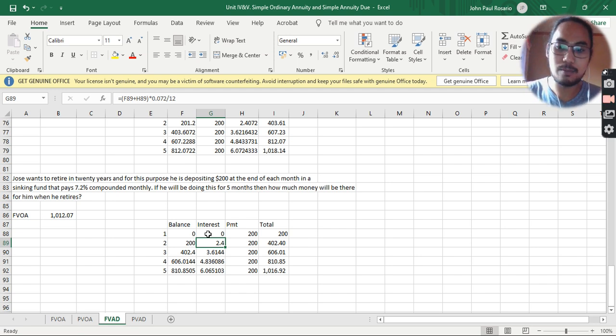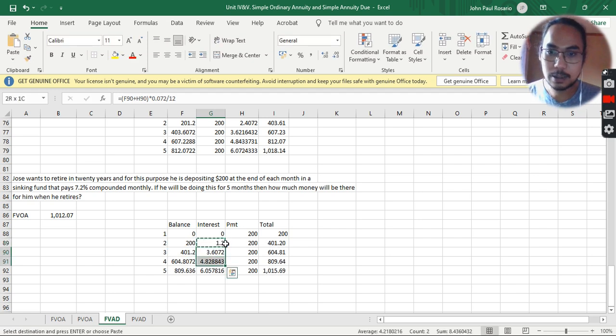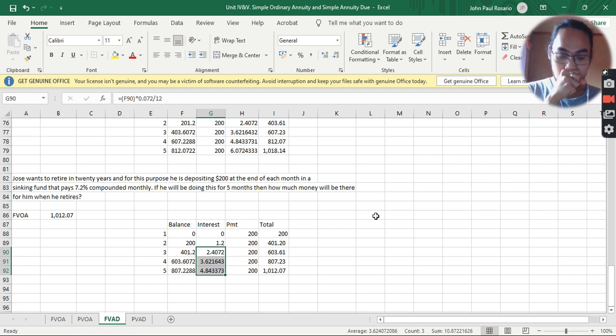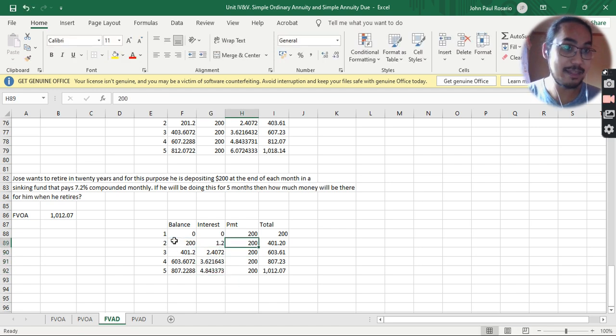So your interest will only be composed of your interest on the beginning balance. So again, your interest will only be based on the balance, not including the payment. So your payment will not parang give birth to interest in a way kung ordinary annuity ka.